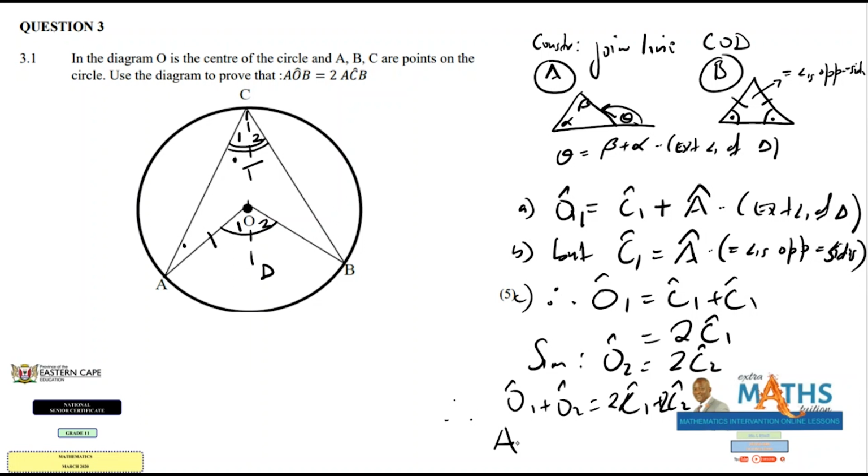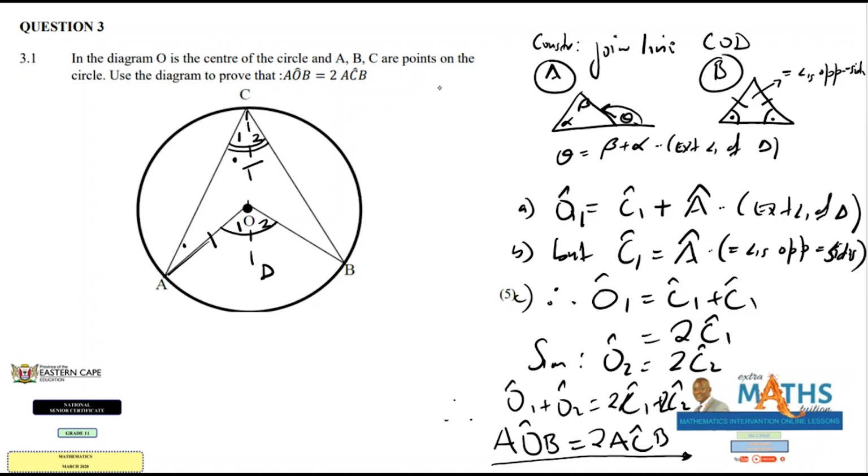It's A, O, B. You agree with me? What is 2C1 plus 2C2? Take 2 as a common factor, and it should be 2 A, C, B. Right, that's how we prove this theorem.